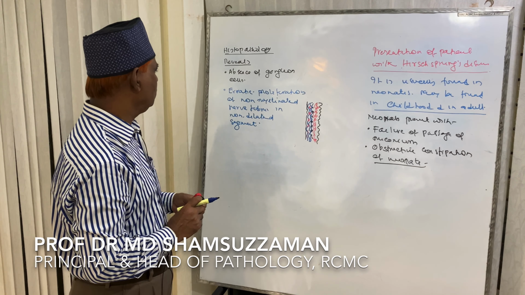Dear audience, today I have told you Megacolon. Marked dilatation of colon is called Megacolon. There is congenital type of Megacolon as in Hirschsprung disease. Acquired type of Megacolon is found in Chagas disease.